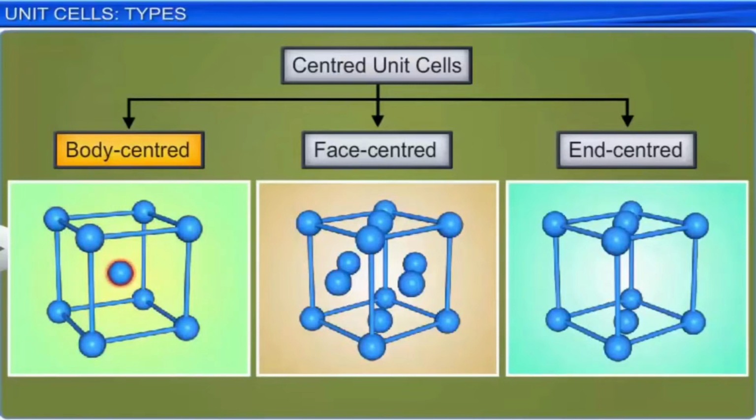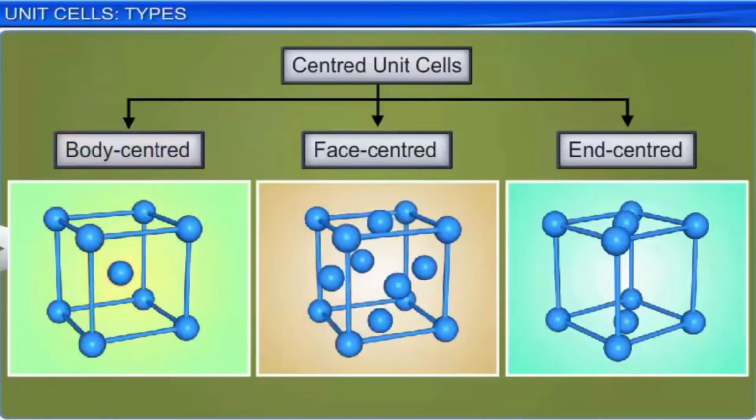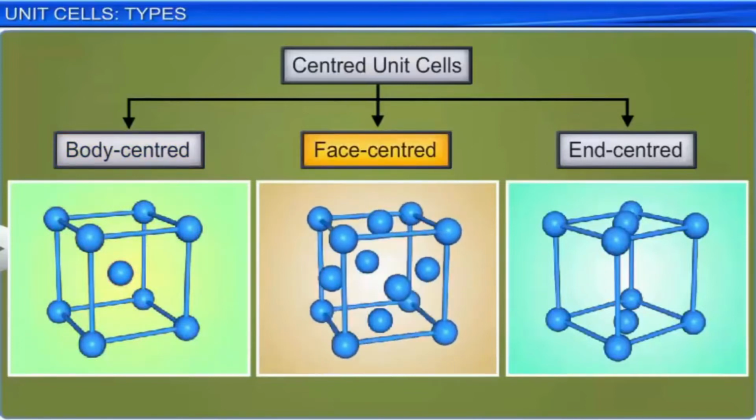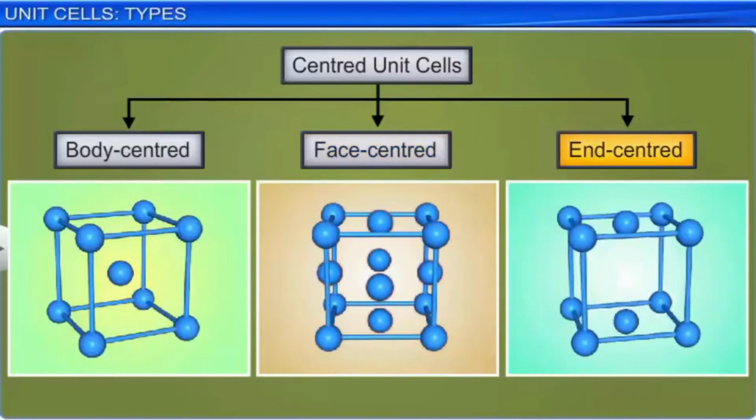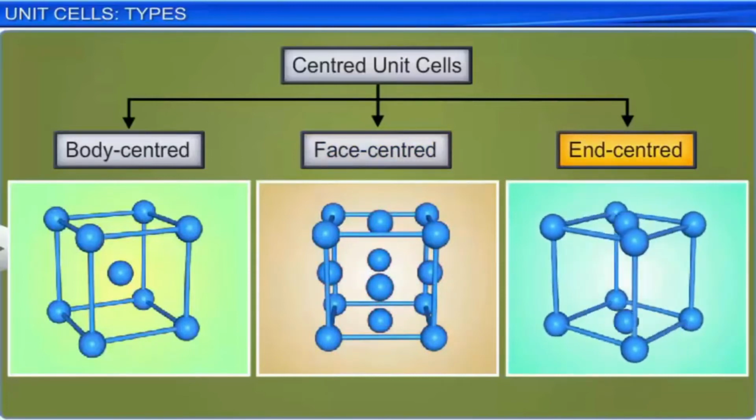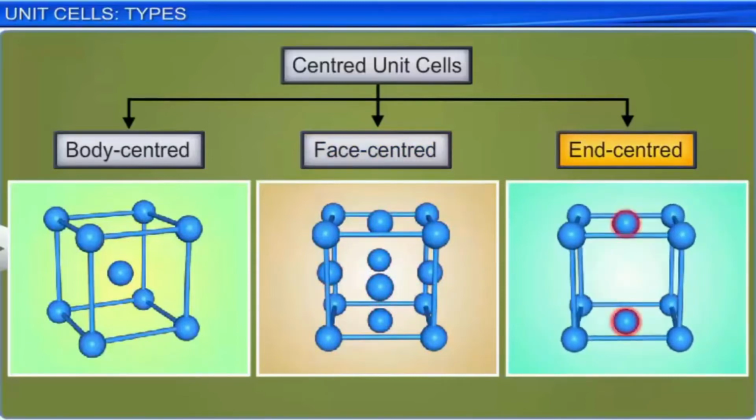A face-centered unit cell has constituent particles at all its corners, as well as at the center of each face. An end-centered unit cell has one constituent particle at the center of any two opposite faces besides the ones present at its corners.